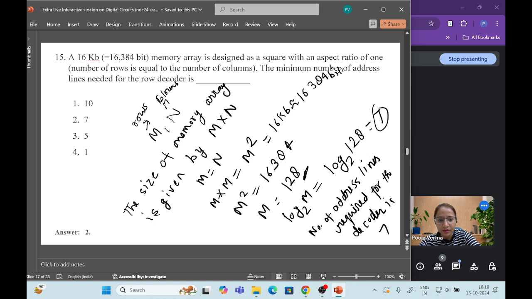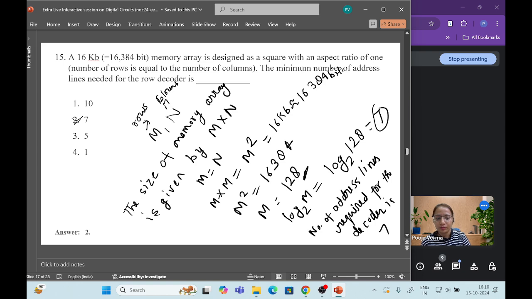Okay, so option 2 is the correct answer for this question. I hope you understand this question. If you have any doubt, you can ask. Otherwise, we can move to the next question. Can we move?